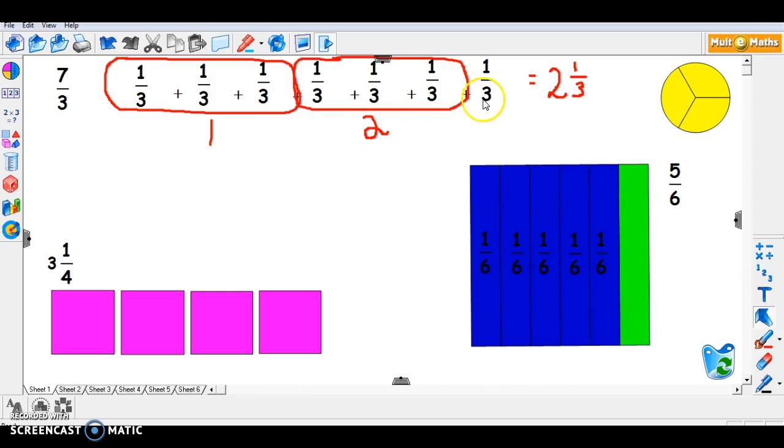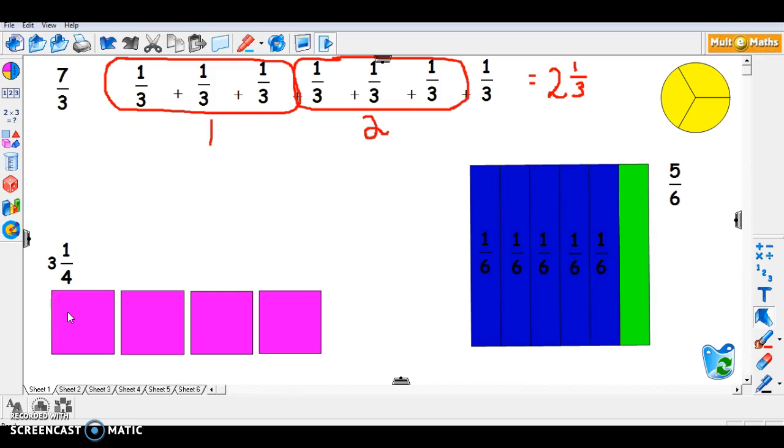So if students were to copy that number sentence down, they would still have that strategy of knowing that I can circle 3 of those thirds to equal one whole, and I can see how many wholes I can get out of that number sentence.